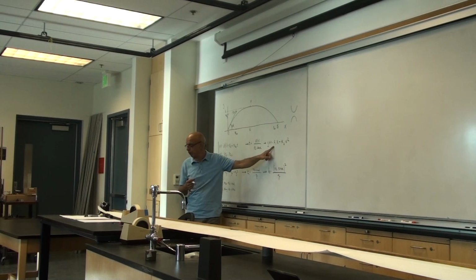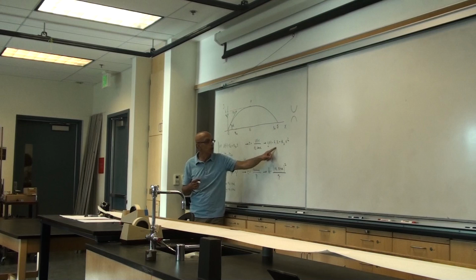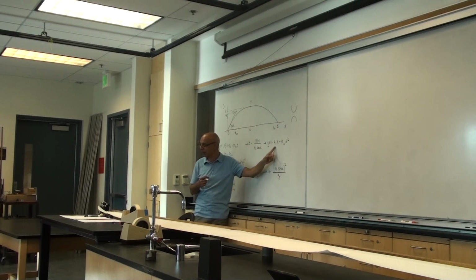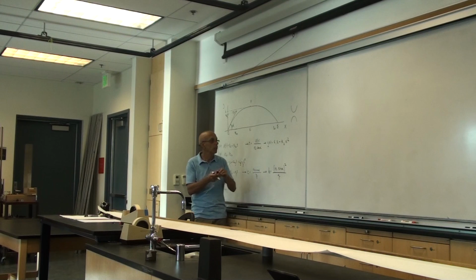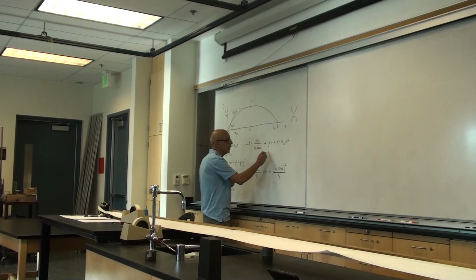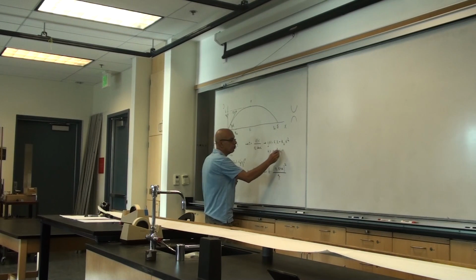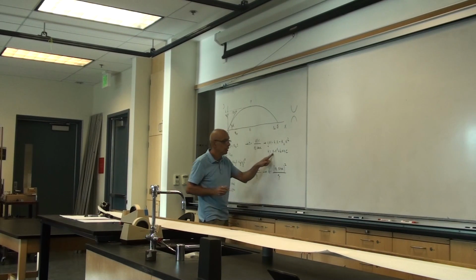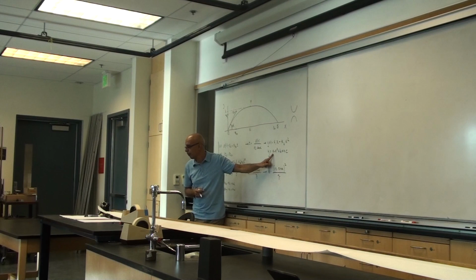So to simplify and to make it easier for you to understand that this is a quadratic equation, I just put a constant here. A quadratic equation should look like this: y equals ax squared plus bx plus c. What is a? It's a constant.